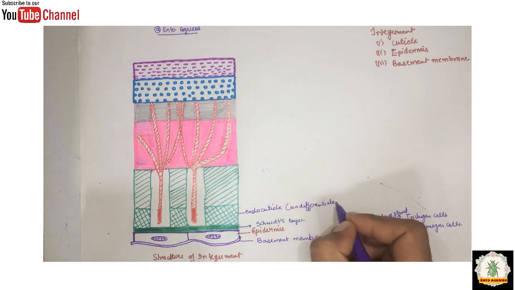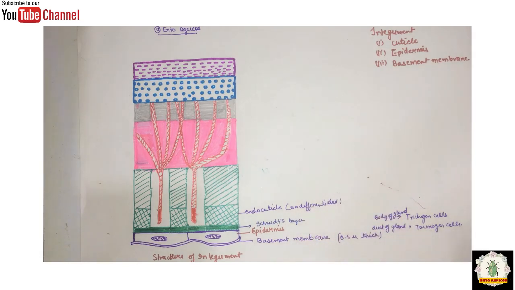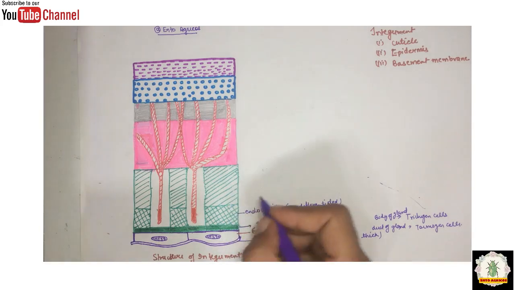It is not involved in tanning, and this is also a part of cuticle, which is further subdivided into procuticle and the epicuticle. And above the endocuticle, there is the exocuticle.